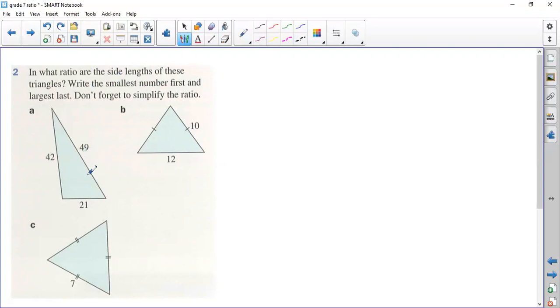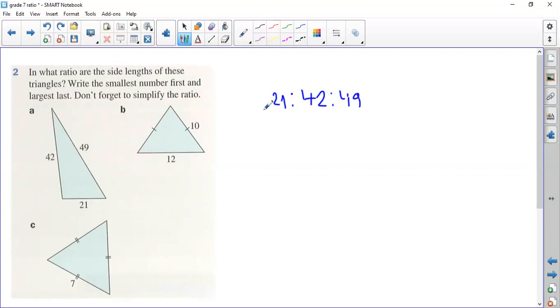So in this triangle, I have the lengths 21, 42, and 49. So the ratio of the sides will be 21 to 42 to 49. Is this one in its simplest form? No, because the highest common factor of these three numbers is 7.